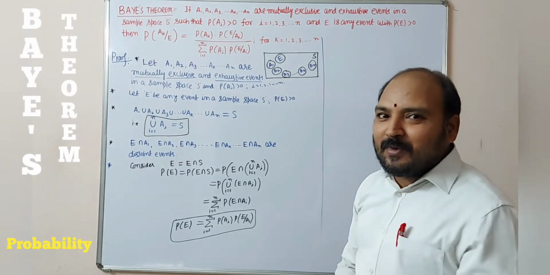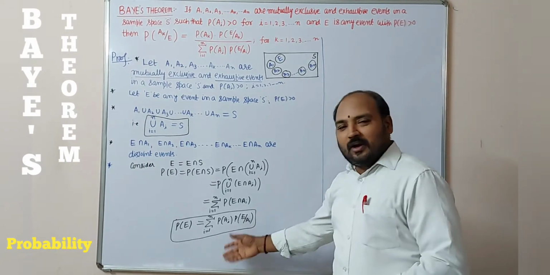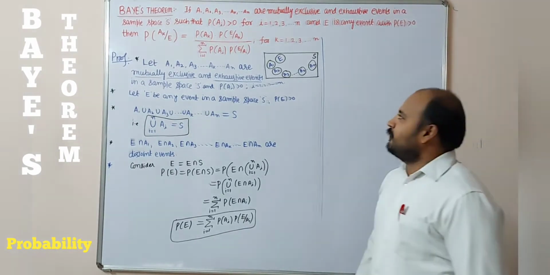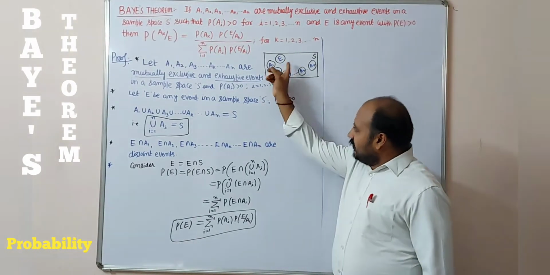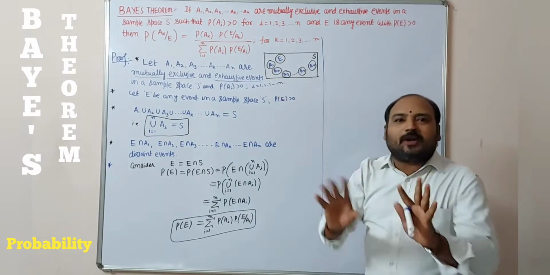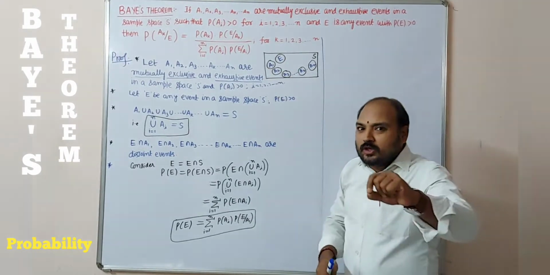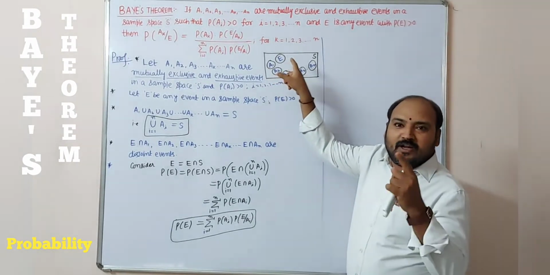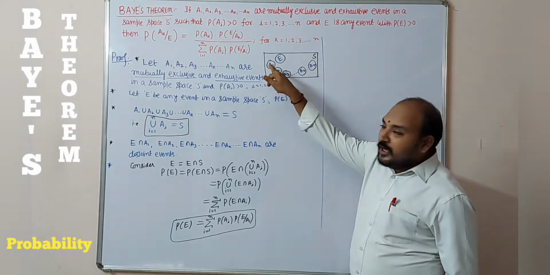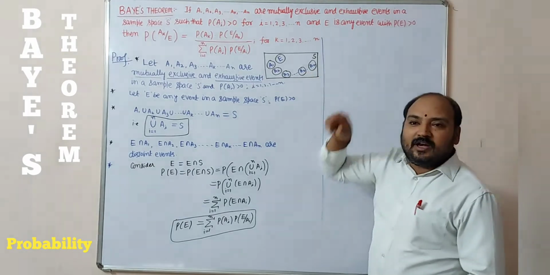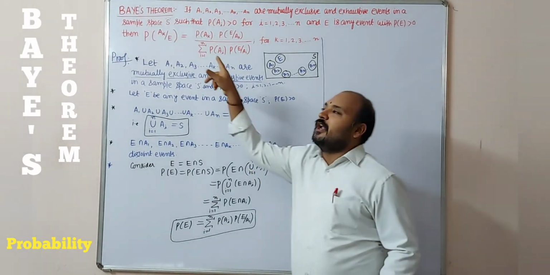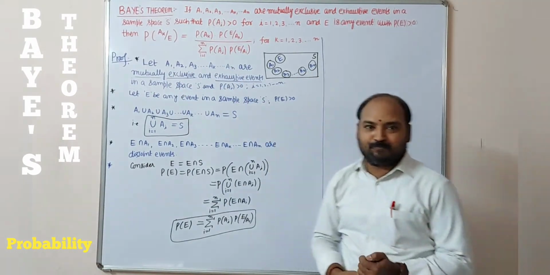What is the aim of Bayes theorem? After completing the P of E step, we got the probability of this particular event E. When we know the probability of the particular event E, we need to calculate the probability of the kth event of A. For that, we need to apply Bayes theorem.